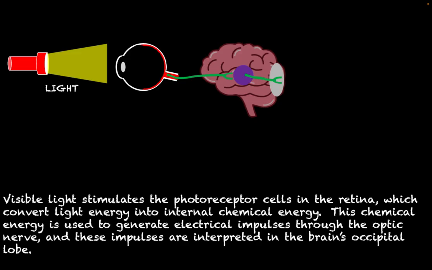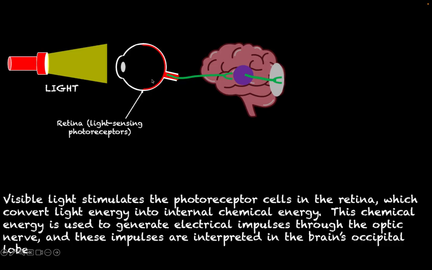So let's talk about the very basics of how this visual process actually works. Let's say that you see the light that comes from something like a flashlight. That visible light is going to pass through the front of your eye, and we'll talk about the structures in the front of your eye later on. But that light is going to stimulate the retina, which contains the light-sensing photoreceptor cells, the rods and the cones that we'll talk about later.